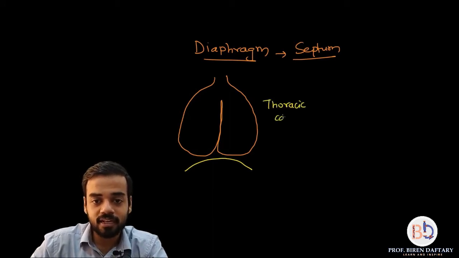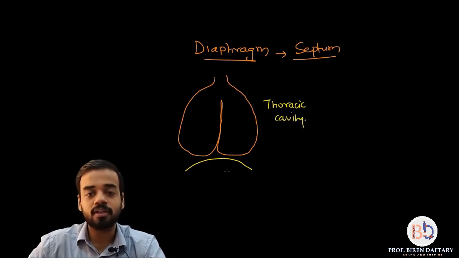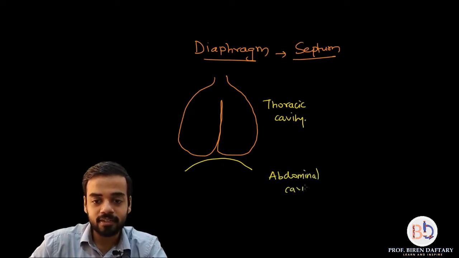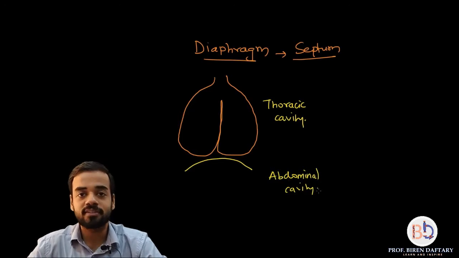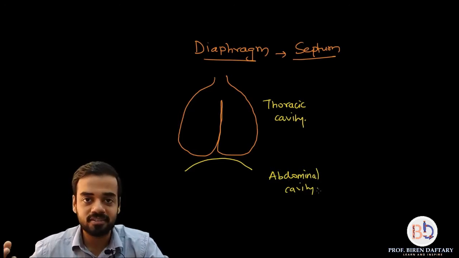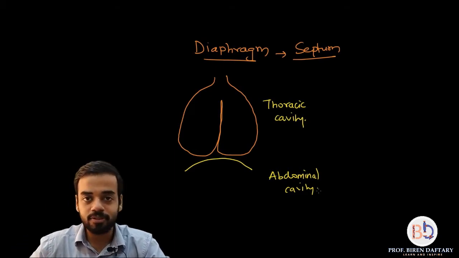The thoracic cavity is the cavity of the chest, and below the diaphragm is the abdominal cavity. So the entire body cavity is being divided into the thoracic cavity and the abdominal cavity by the diaphragm, and that is why it is called a septum. Okay, is this clear? And it helps in breathing. We are going to see how.